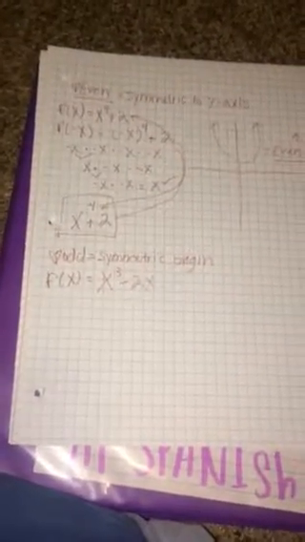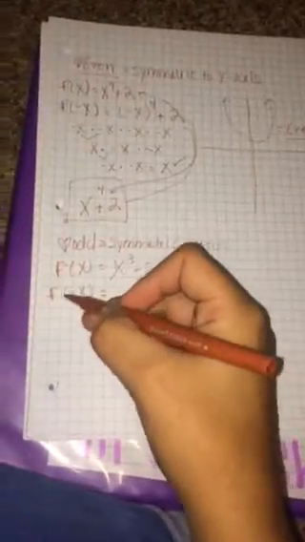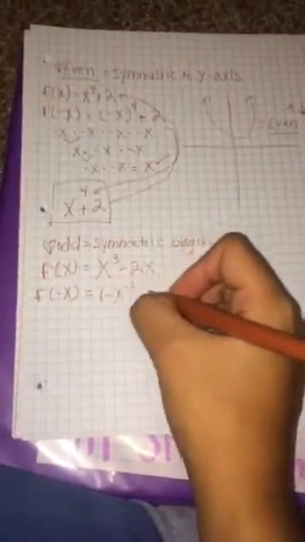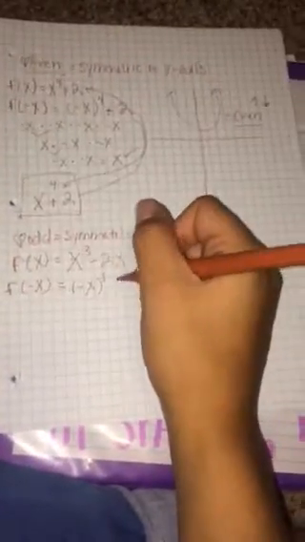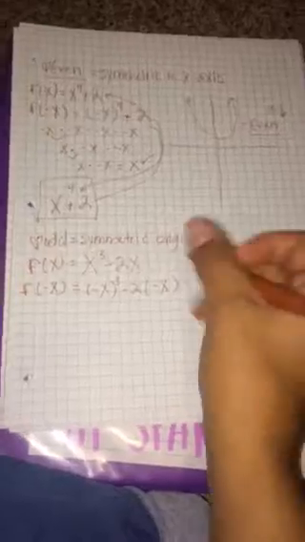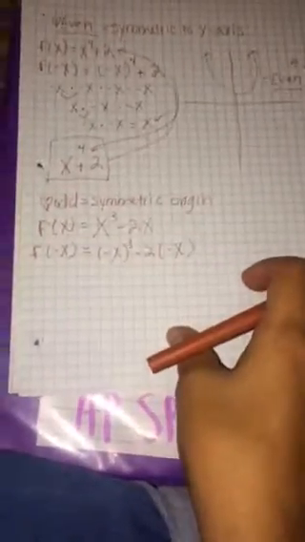So what this means is that first we have to turn it into f of negative x. So we have negative x cubed minus 2 times negative x, because we turn all the x's negative.